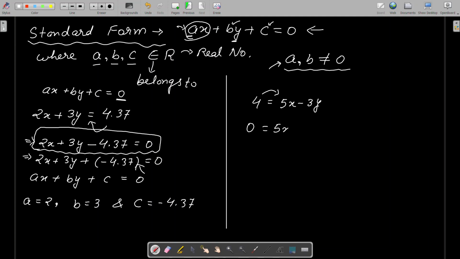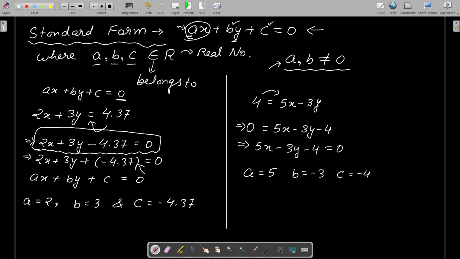It becomes 5x minus 3y minus 4, or this can also be written as 5x minus 3y minus 4 is equal to 0. From here, if you have to find out the values of a, b and c, so a is 5, b is minus 3 and c is minus 4.